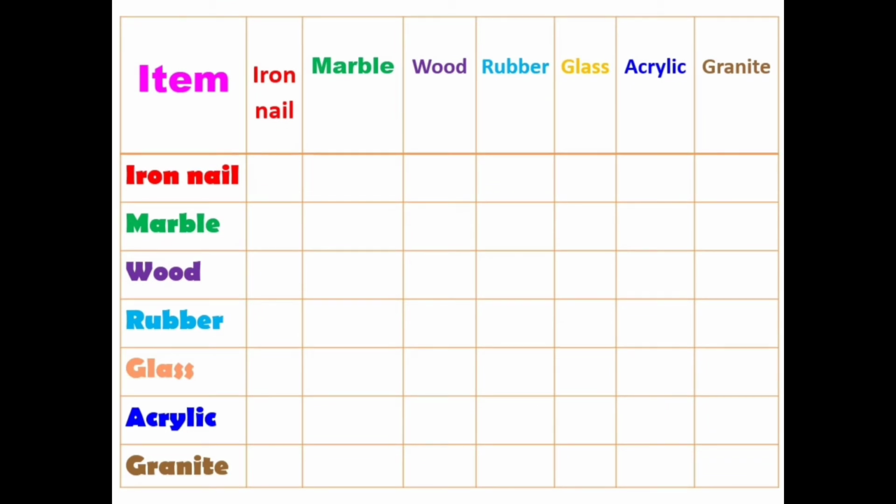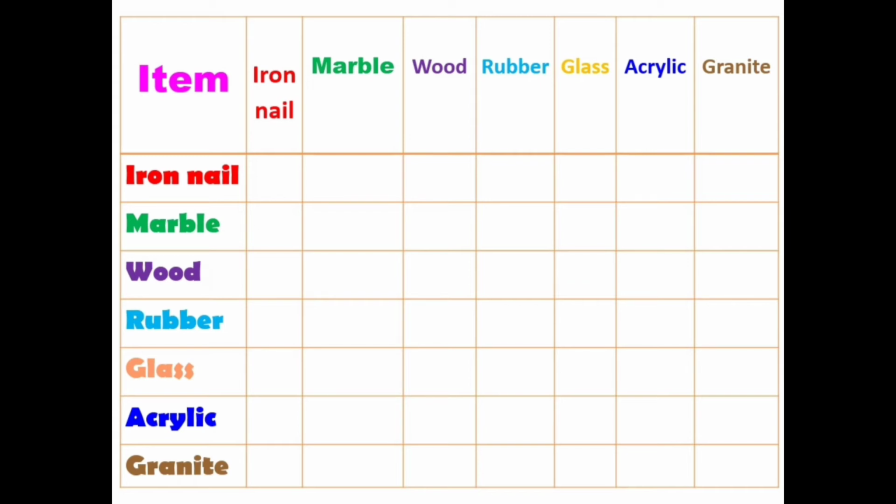Now, let's answer the items. So item 1, iron nail, 2, marble, 3, wood, 4, rubber, 5, glass, 6, acrylic, and 7, granite.